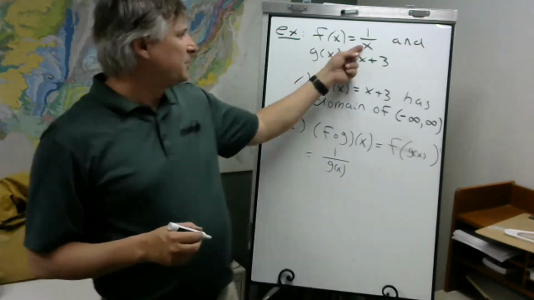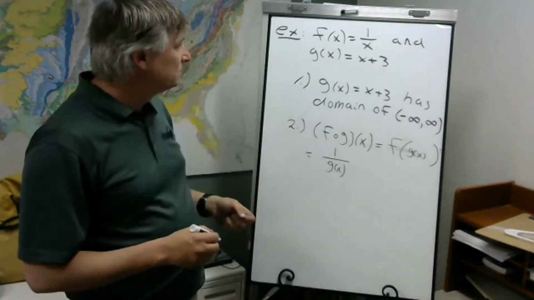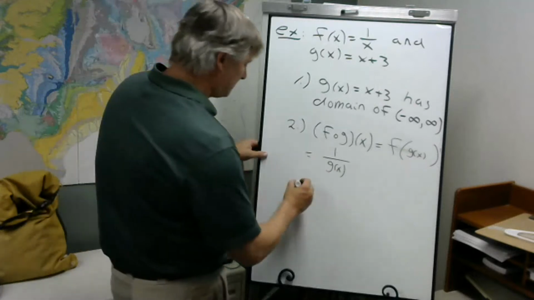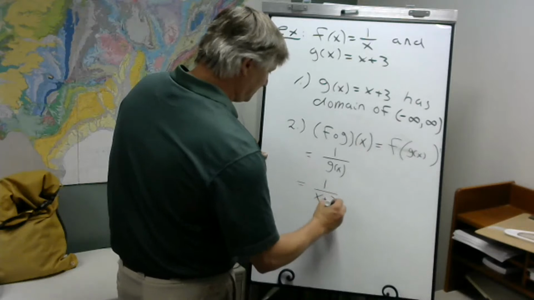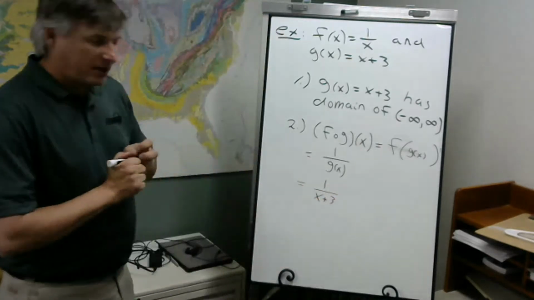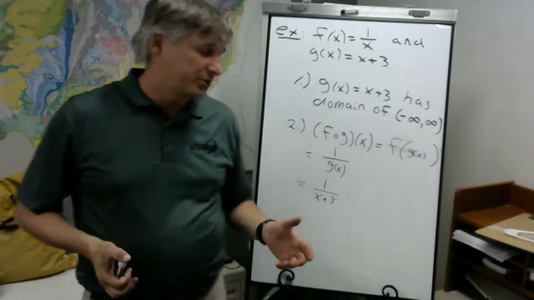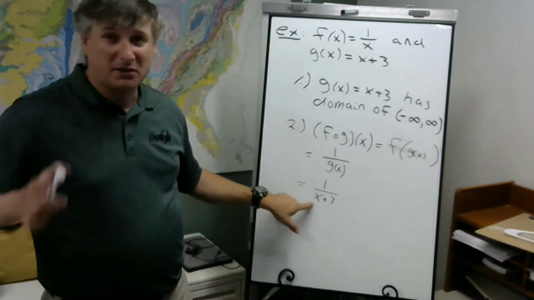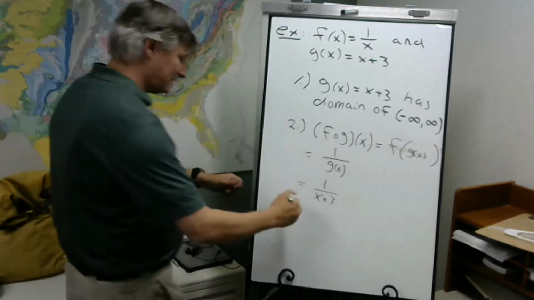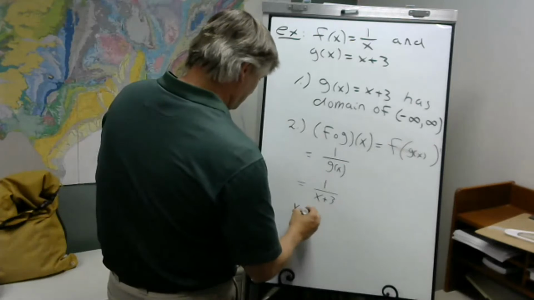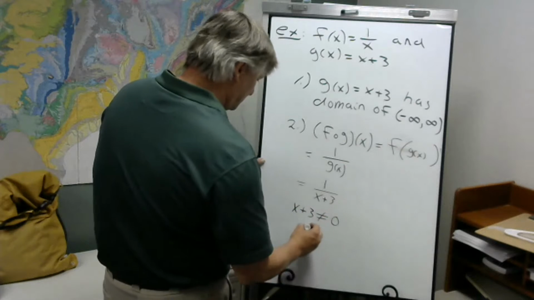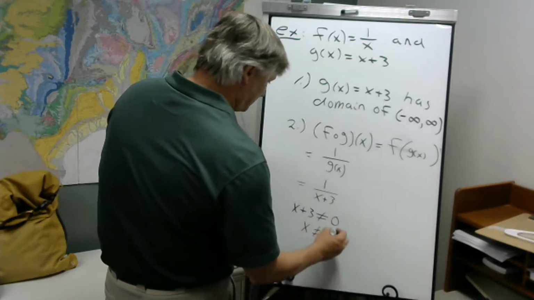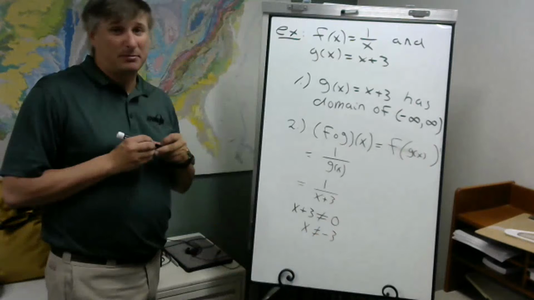Again, we're taking the x here and replacing it with g of x. Well, g of x is x plus 3. Now here we do see a possible restriction. We have a division here. Solve for x. X cannot be -3.